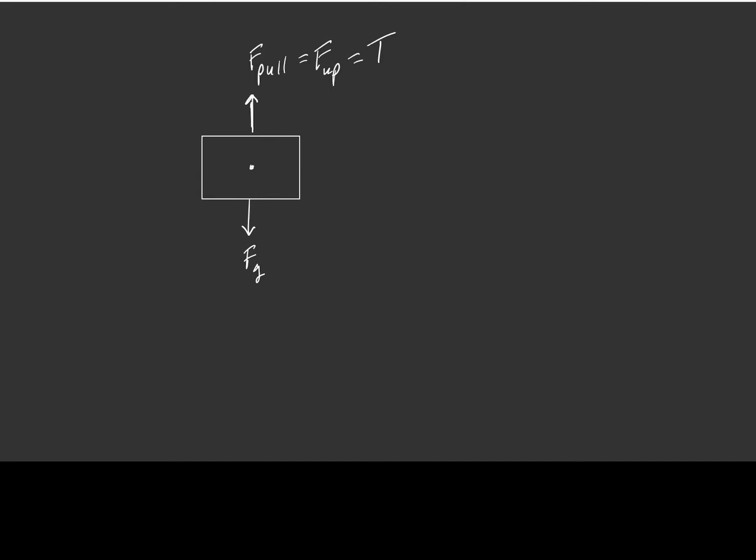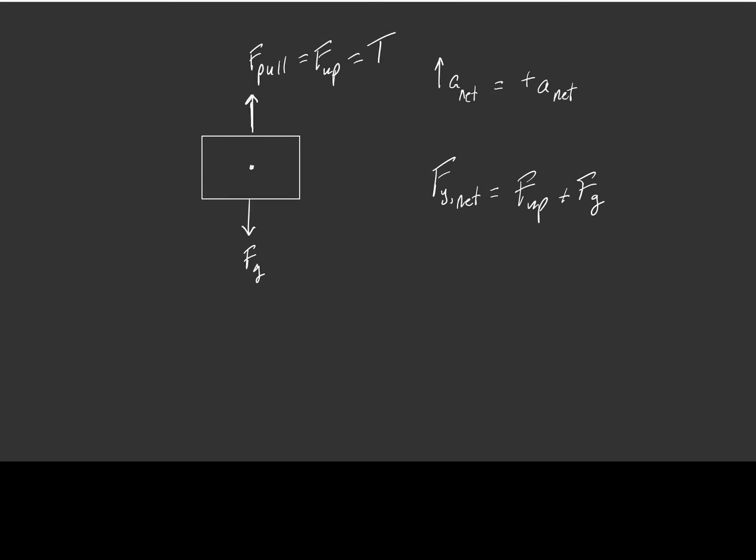Okay, so we would have a net acceleration that we know is upward, so we know we would have a positive net acceleration. All right, so the force along Y net would equal the force up plus the force due to gravity.